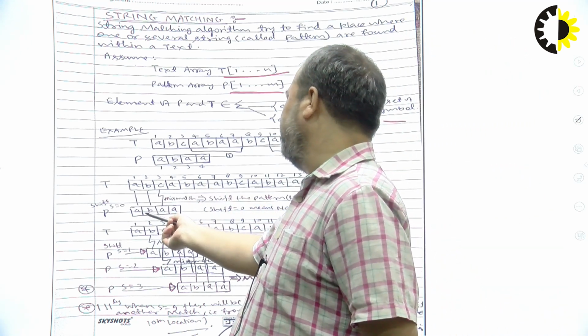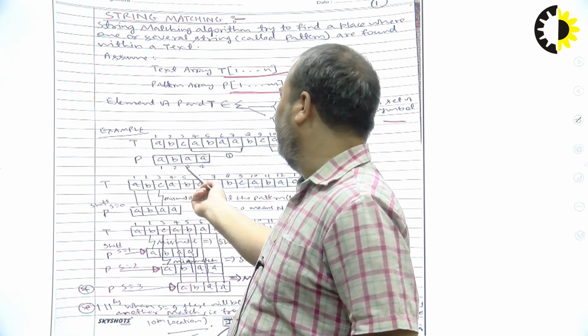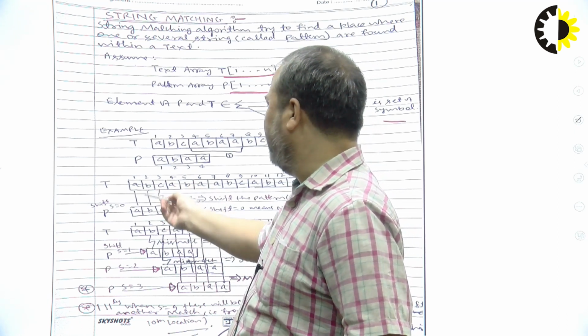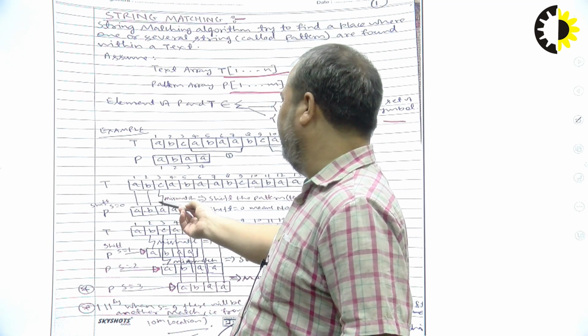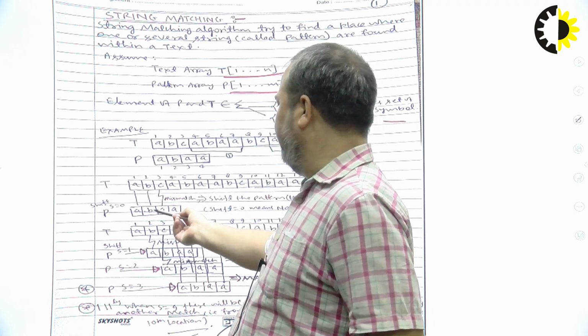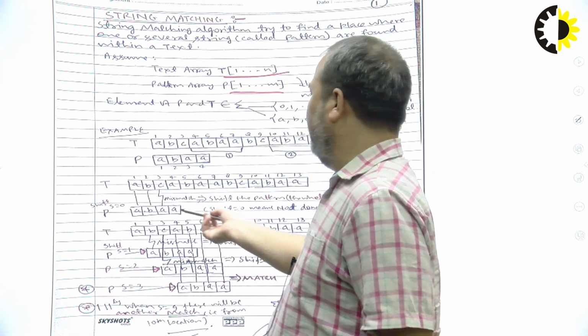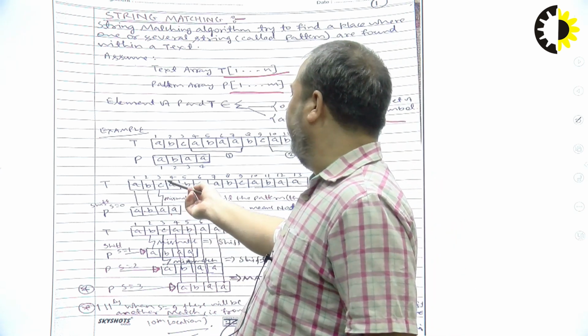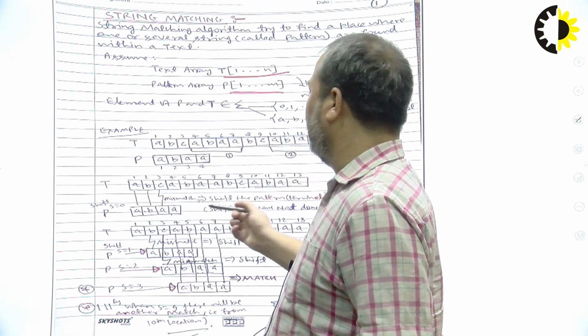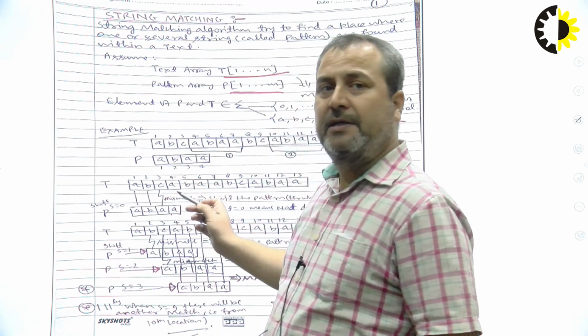Just see the process of how we start. A matches, yes. Then we match the second character. B matches, yes, there is a match. But the third character of the pattern and the third character of the text do not match: there is A, there is C, so there is a mismatch.